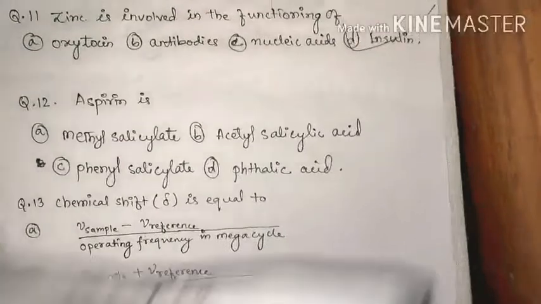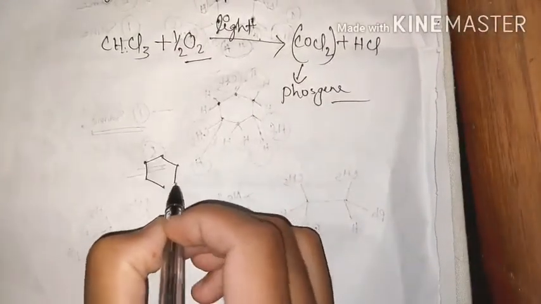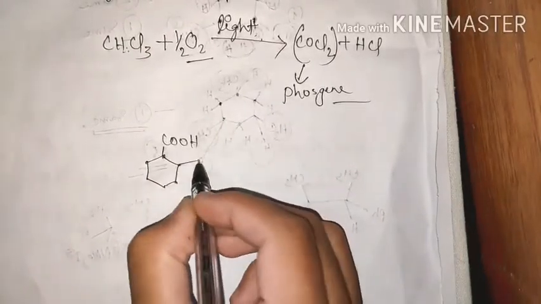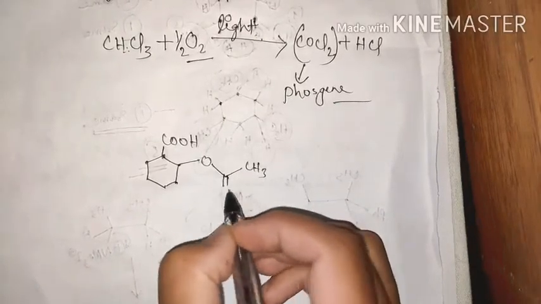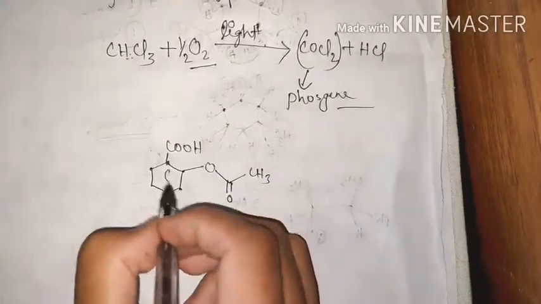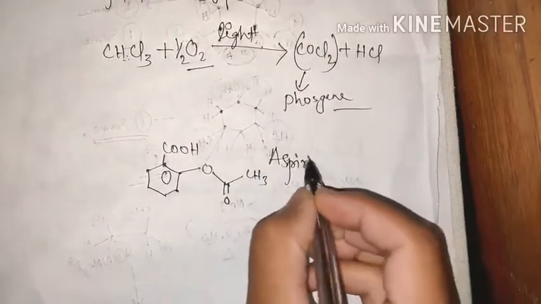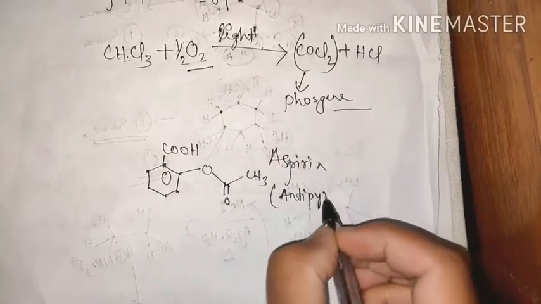If we see the structure of aspirin, the structure of aspirin is like this. This is the structure of aspirin, and aspirin is an antipyretic drug.